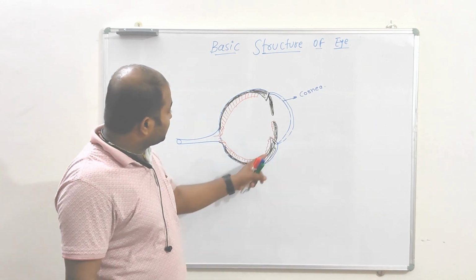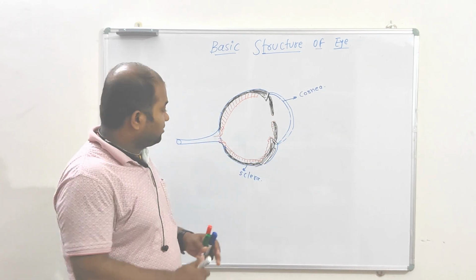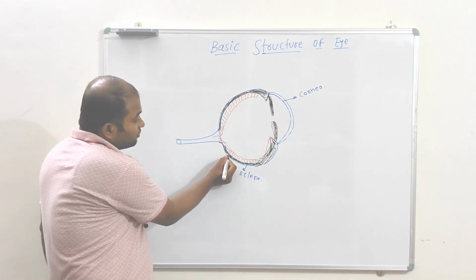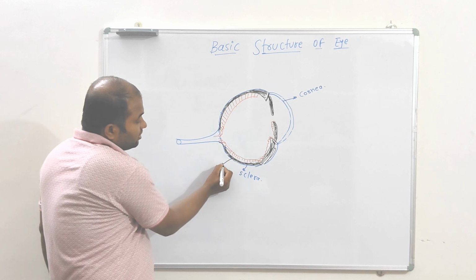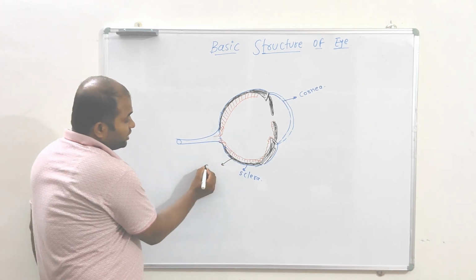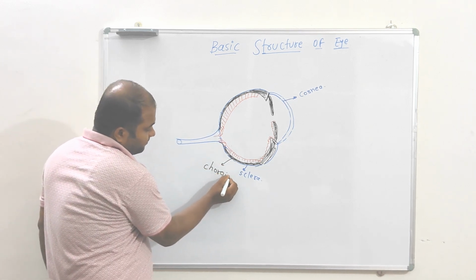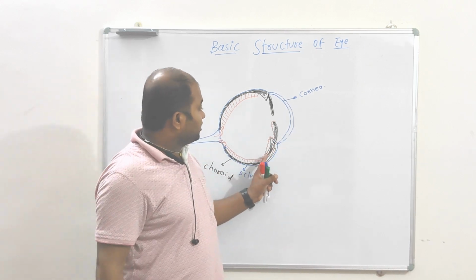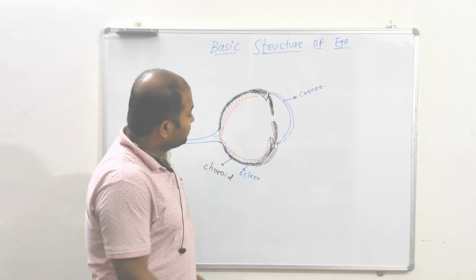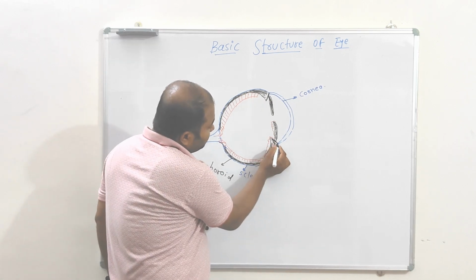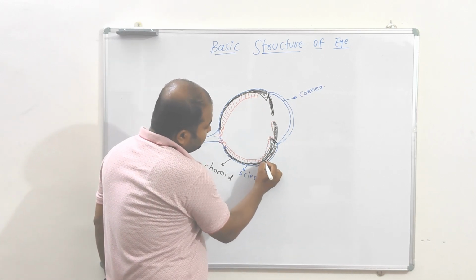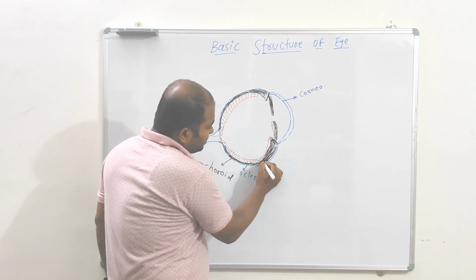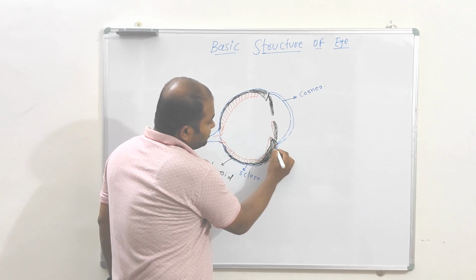Now we are going to this second layer, and I will label it. The posterior middle layer, which is just thin, is called choroid. When it moves anteriorly, it becomes thickened, and this thickened structure is called the ciliary body.